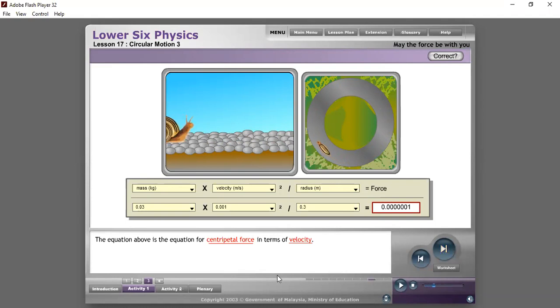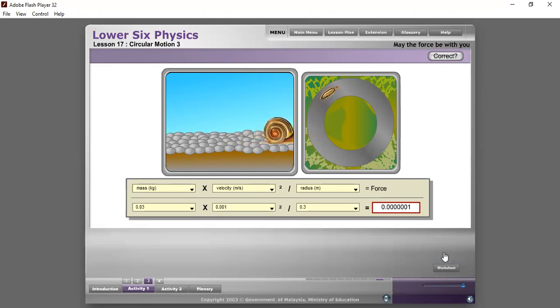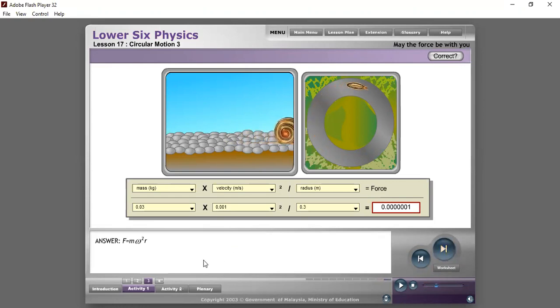The equation above is the equation for centripetal force in terms of velocity. So the equation is mv squared, m times v squared over the radius r. What would the equation be in terms of angular velocity? Answer: this means that F equals m omega squared r.